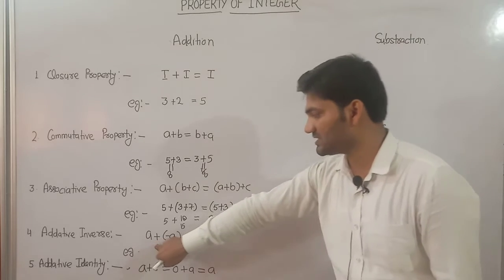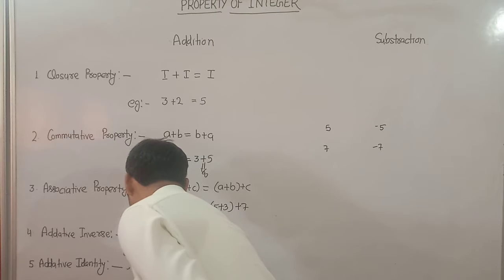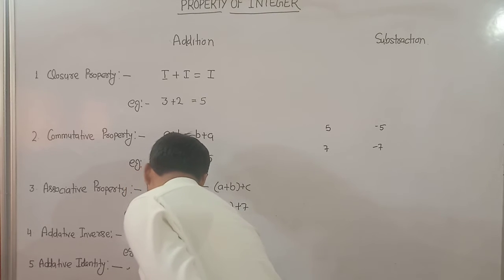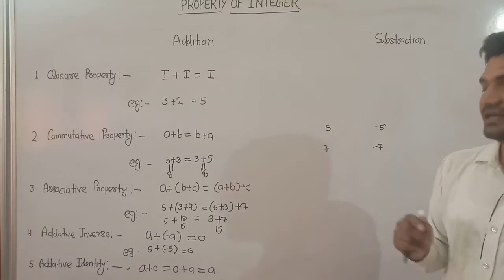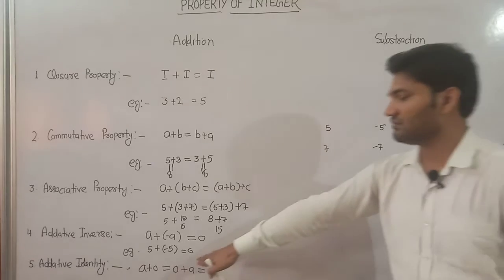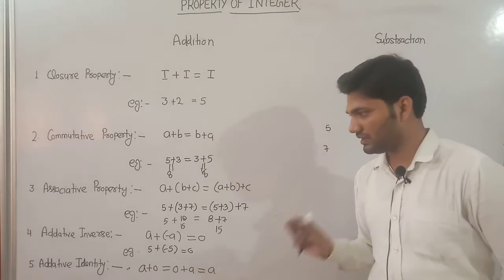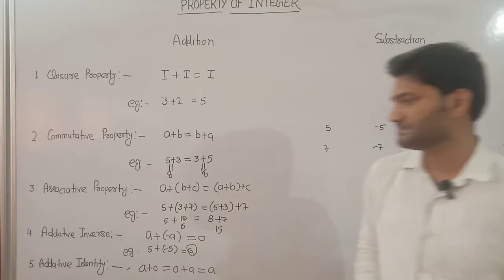It means a plus minus a is 0. Some examples: 5 plus minus 5, the result will be 0. For any integer you take, when it and its additive inverse are added, the result will always be 0.